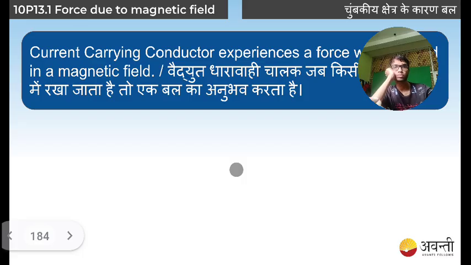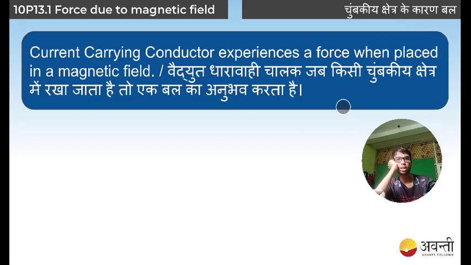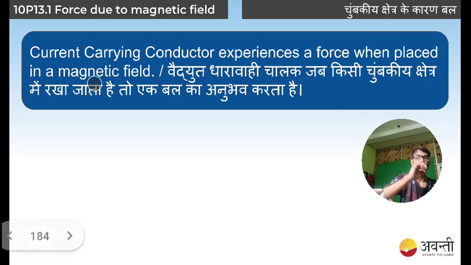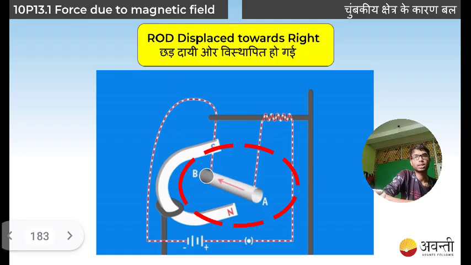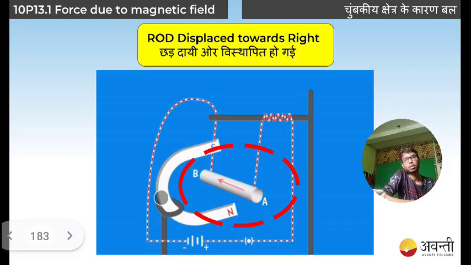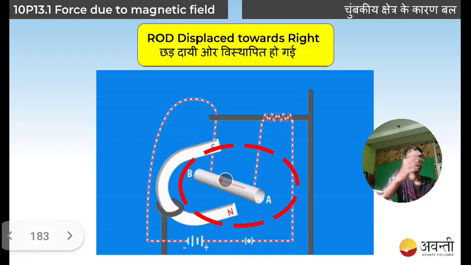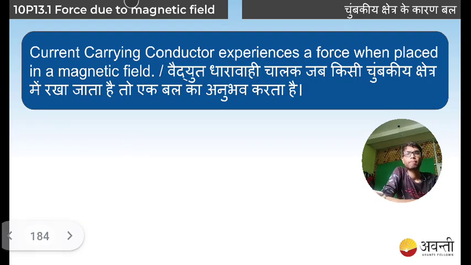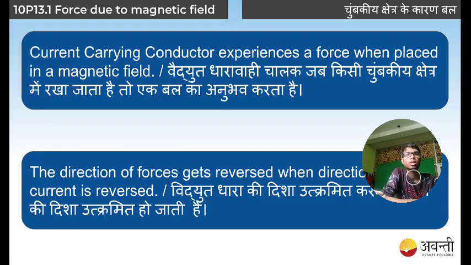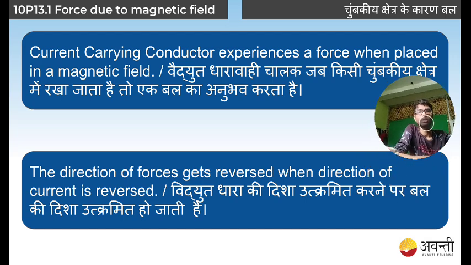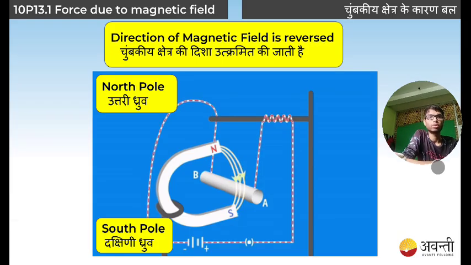Why? A current carrying conductor experiences a force when placed in a magnetic field. Here this is attracting this. That's why if the current is more, then this will attract this more. The direction of force gets reversed when the direction of current is reversed.